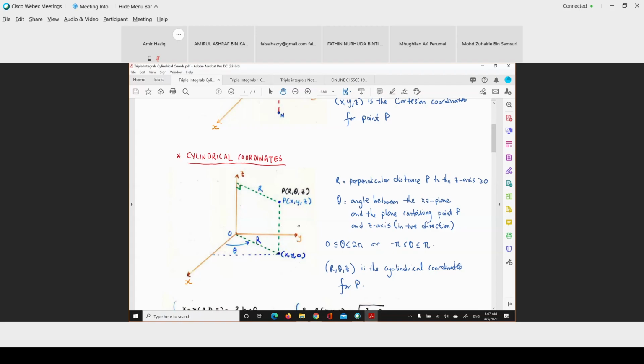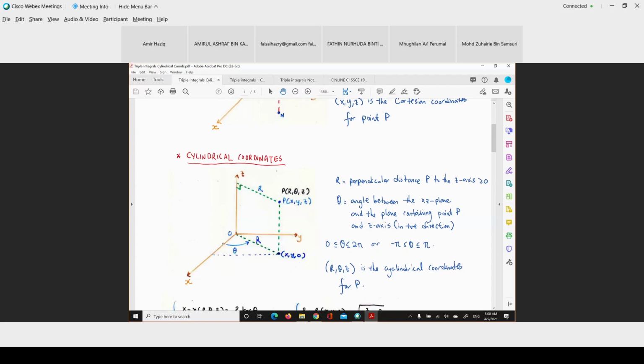And theta is the angle. If I draw a plane consisting of the point P and the z-axis, here we have a plane in green that contains the point P as well as the z-axis. Then there is an angle between the xz plane and the plane in green here, and we denote the angle as theta.